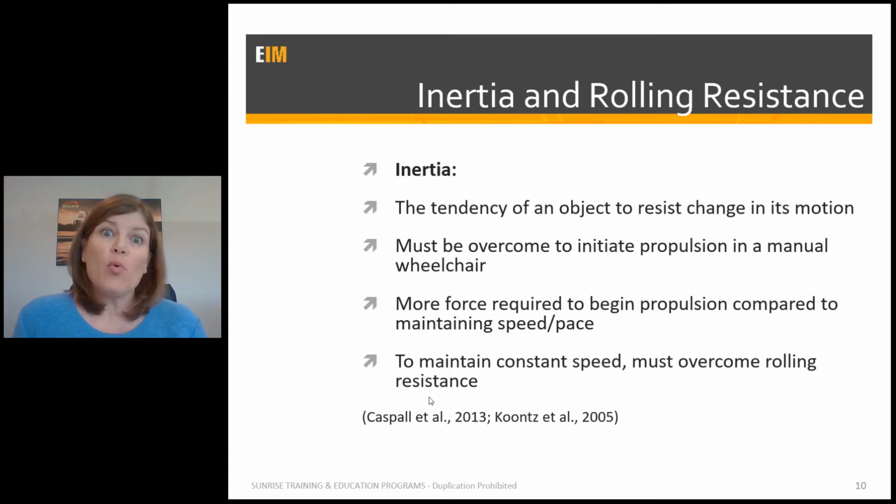There will always be more force that's required to initiate that propulsion, to overcome that inertia, than there is to maintain a constant set speed or pace by the individual. But in order to maintain a constant pace or constant speed, an individual has to overcome rolling resistance. And so that's what we're going to talk about next.